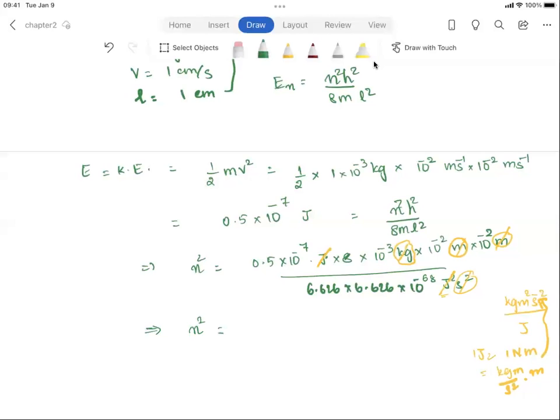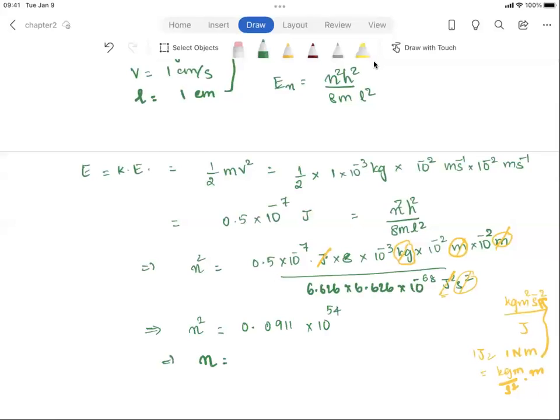So now let me go ahead and compute what this is. It would be 0.0911 times 10 to the power, I'm going to club all the powers of 10, which will be 54.